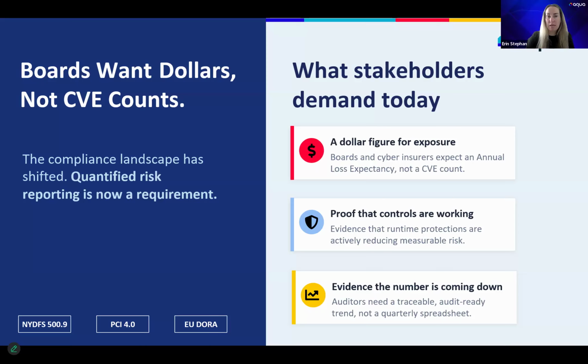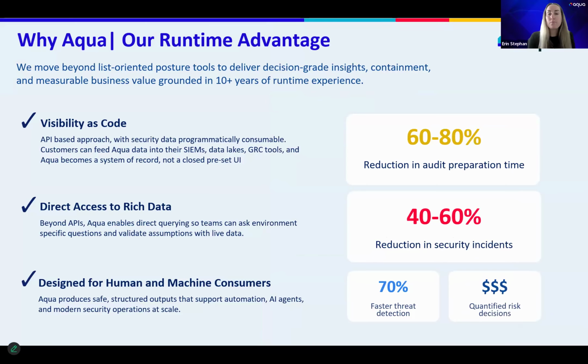So we'll keep that in mind as we get into the demo, but not only are we having the constant challenge of more noise, but also the evolution of compliance, and that this is now dictating not just a running list, not just a CVE count, but really that dollar figure assigned to this risk exposure, and what organizations are doing to limit that risk.